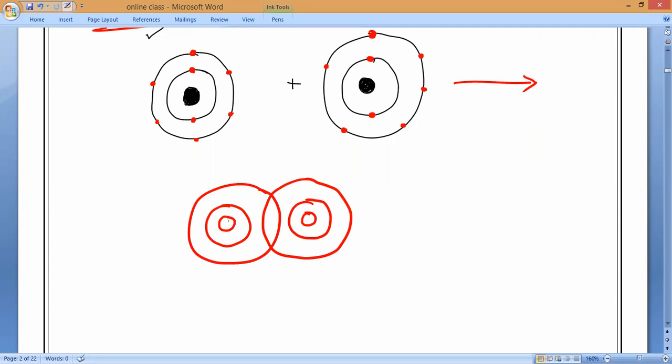This oxygen atom will share 2 electrons, and this one also will share 2 electrons. At the junction, where they form the bond, this oxygen shares 1 pair of electrons, and this oxygen also shares 1 pair of electrons.